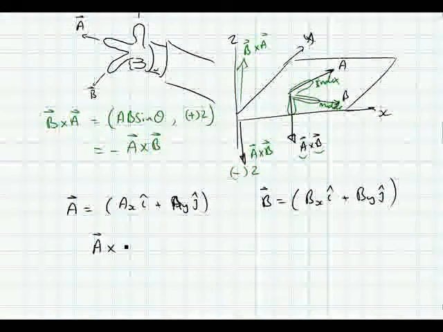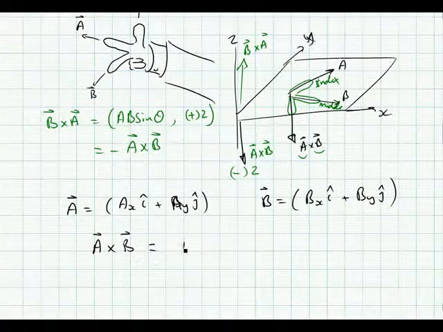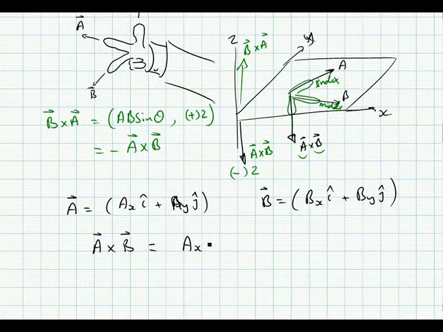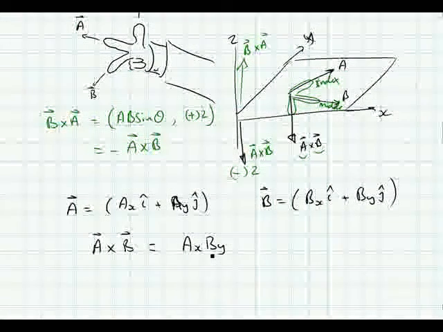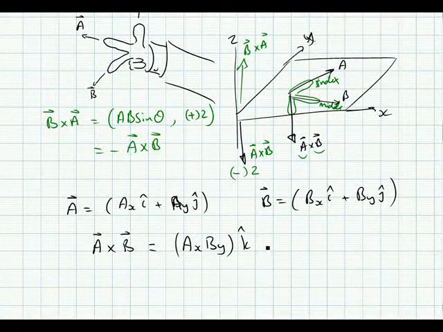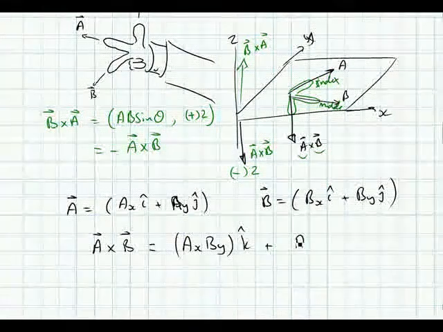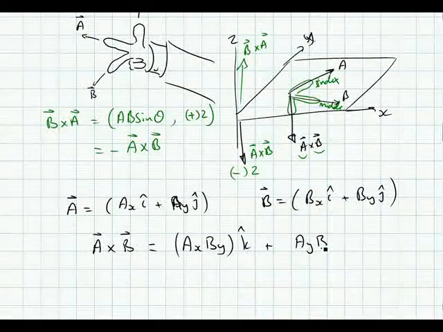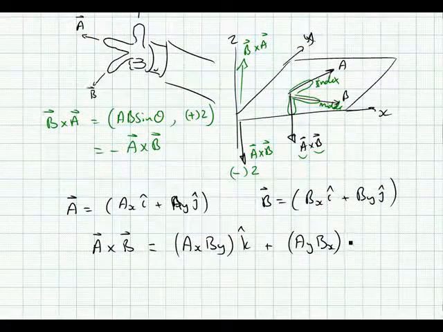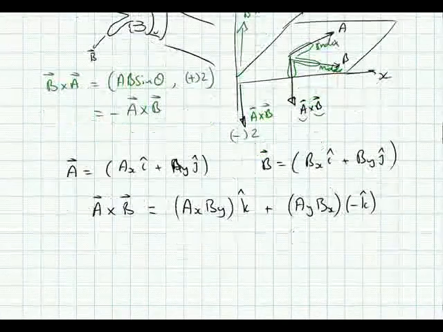Then A cross B is equal to ax by k plus ay bx to negative k. Why is that?